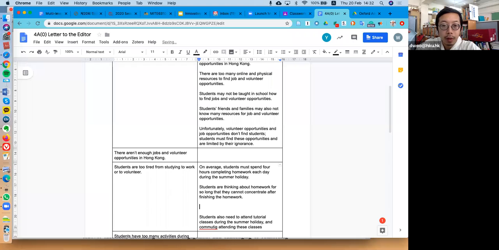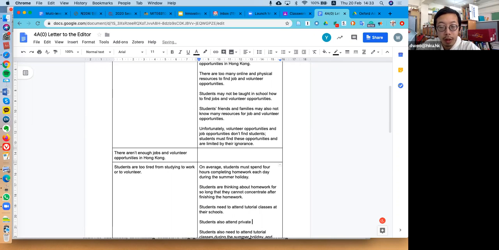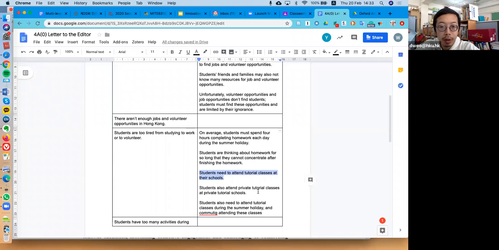So students need to attend tutorial classes at their schools. Students also attend private tutorial classes at private schools. Right, so people attend tutorial classes not only at CSKMS, but also other places.